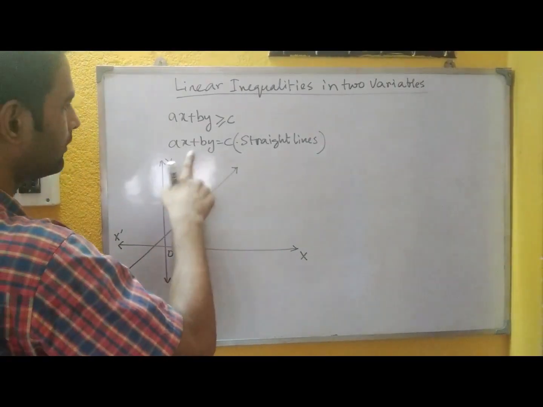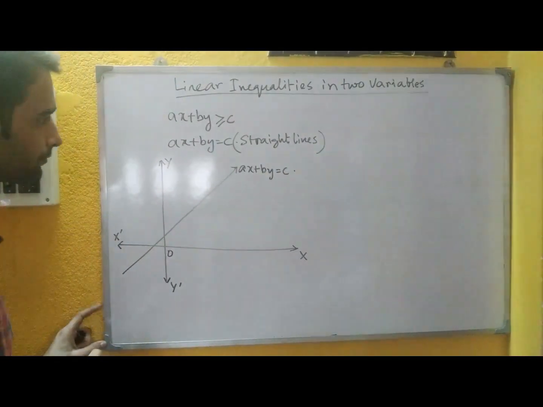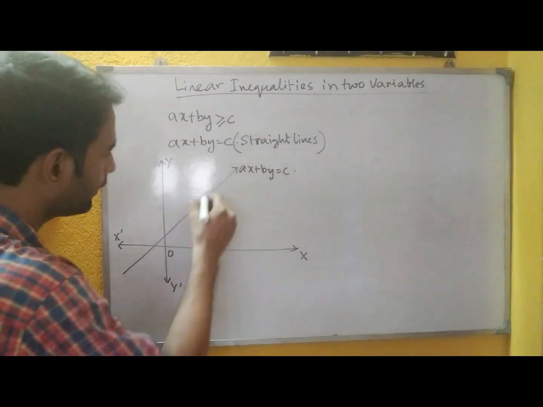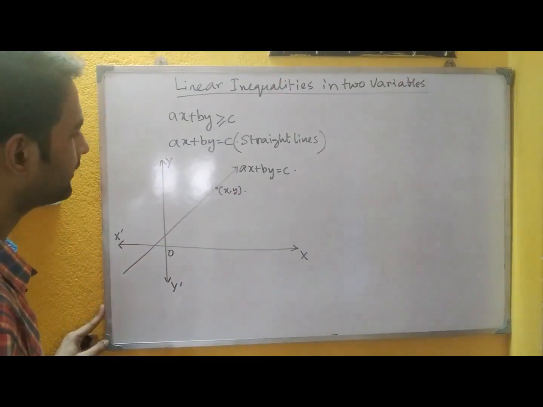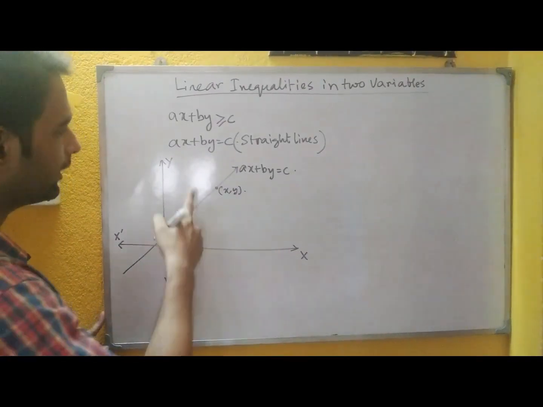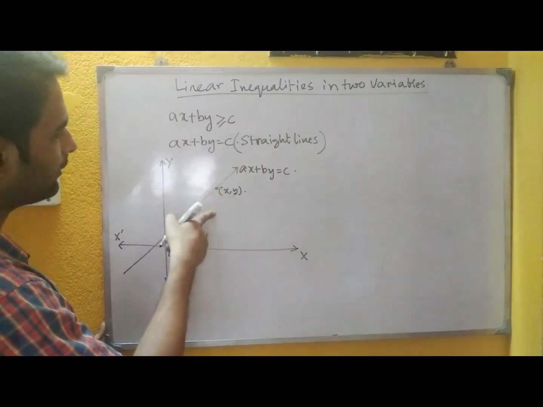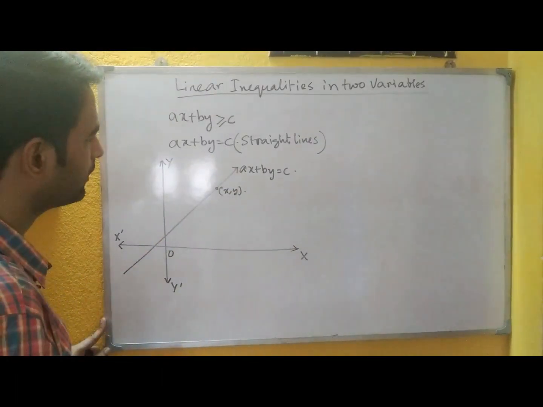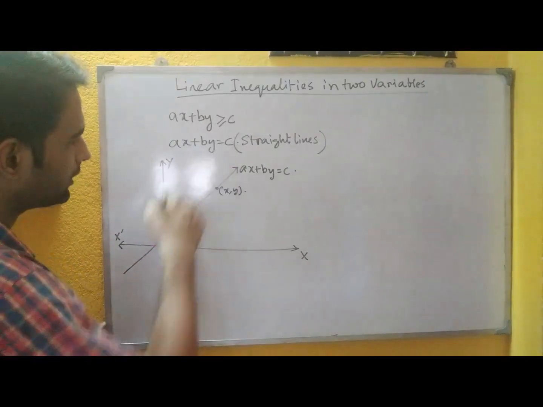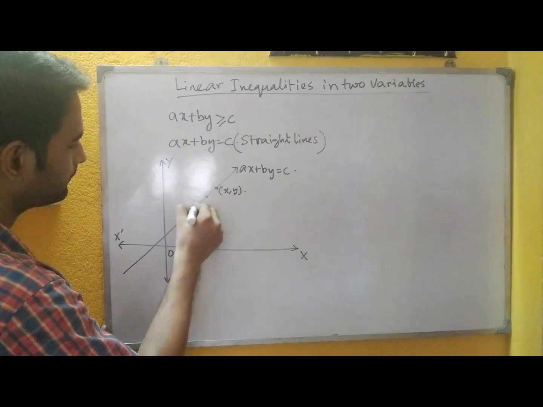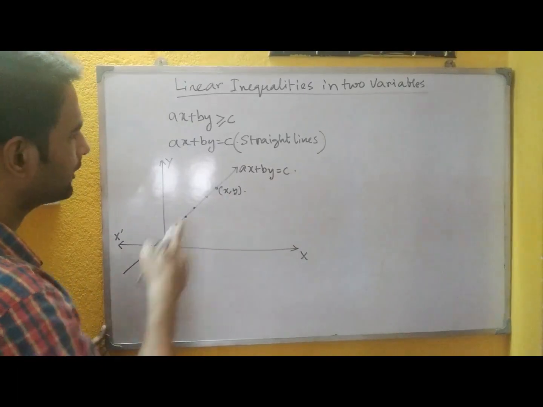So these lines look like this in the graph. If we put the points (x, y), they will lie exactly on this line. For equality, the coordinates of the points lying on the line will satisfy the equation. So if we solve this single equation ax plus by equal to c, we get the points on the line, and every point on this line is a solution of this equation.